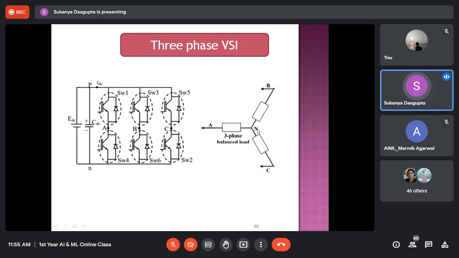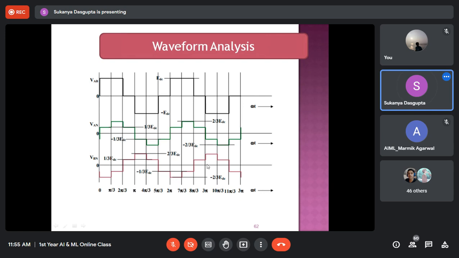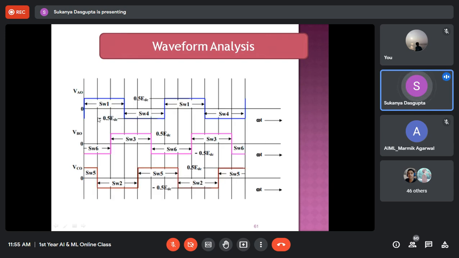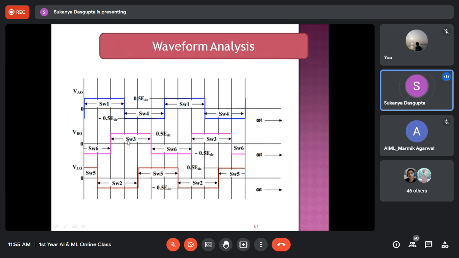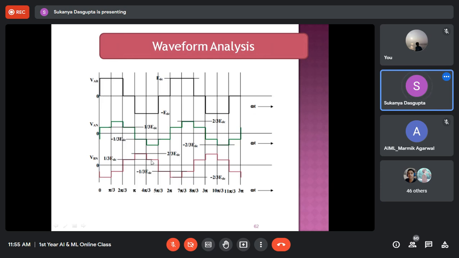This is the phase-to-neutral voltage waveform of a three-phase inverter when each switch is conducting for 180 degrees. That's why this mode is known as 180-degree conduction mode, where each switch is working for 180 degrees.